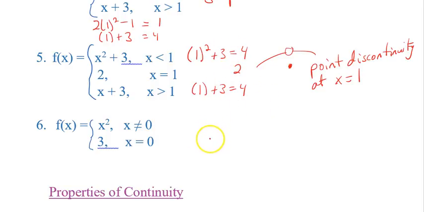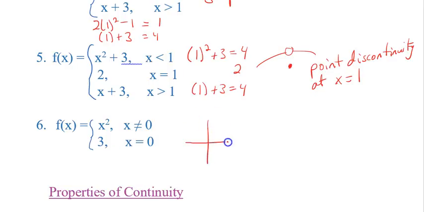Alright, and then the last one of these, example 6, is x squared where x is not 0 and 3 where x is 0. Well, if it's not 0, that means it's before and after 0. It looks like a parabola. So this is a parabola everywhere but 0.